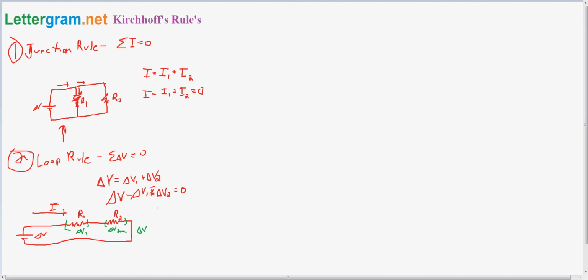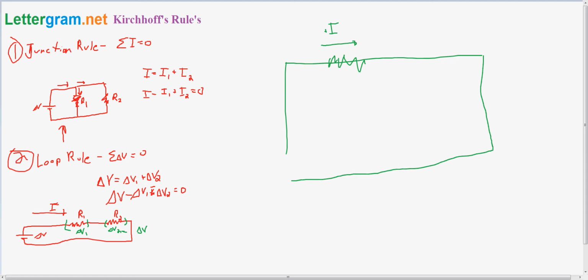There's another idea that kind of goes with that. And positives and negatives matter, I guess, in his rules. So if we have a circuit, or part of a circuit, we have this resistor here. We call this I positive the direction, and then it comes around, and here's a battery.